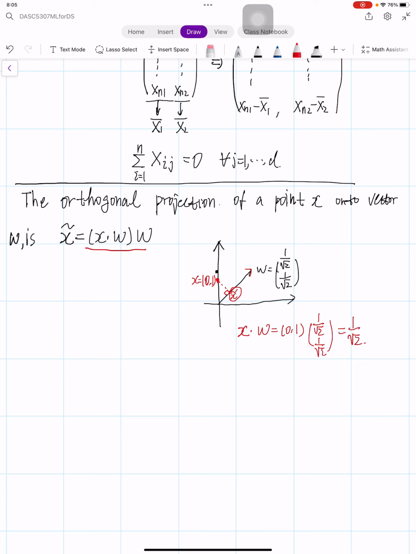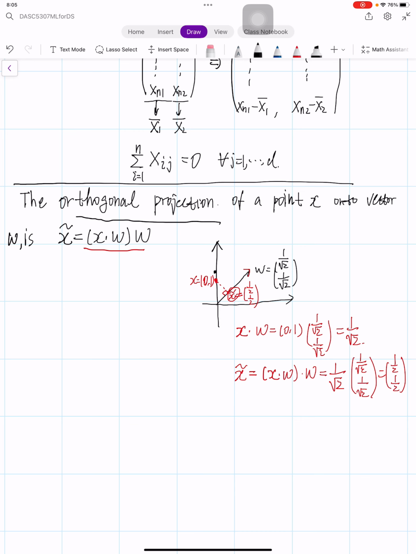And then x tilde equals x inner product w multiplied by w, which is 1 over square root 2 multiplied by 1 over square root 2, 1 over square root 2, which equals half. So this point has coordinates half, half. This is called the orthogonal projection of a point x onto the vector w.